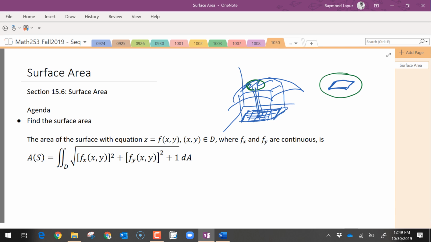Well, the area of the plane is really just a parallelogram, doesn't it? If it's small enough, it just looks like a parallelogram. So what we could do is take a look at a couple of vectors back in 2 dimensions down here.